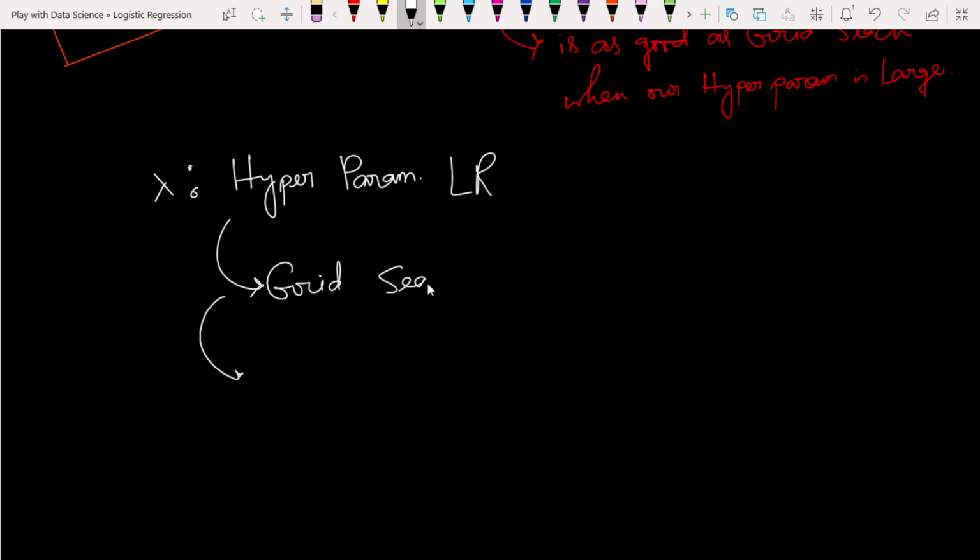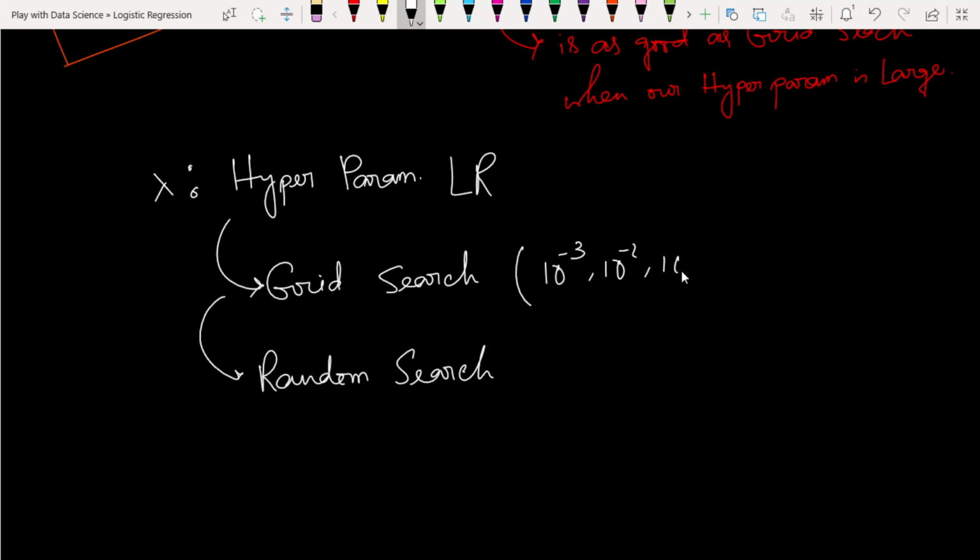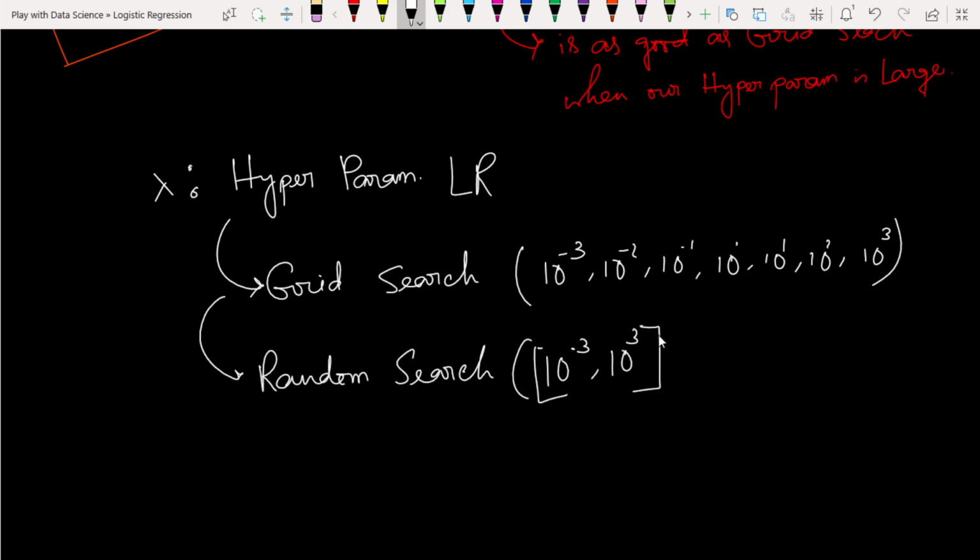Grid search and random search. In grid search, we divide our interval like this: 10 to the power minus 1, 10 to the power 0, 10 to the power 1, 10 to the power 2, and so on. We first divide it, then take each point and find the cross validation error. In random search, we pick a random value within the interval and find the cross validation error.